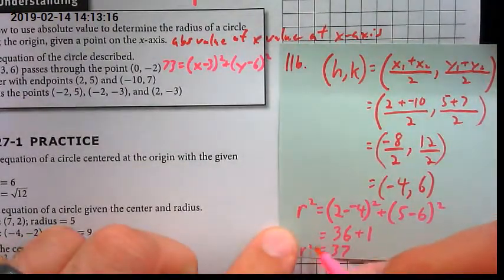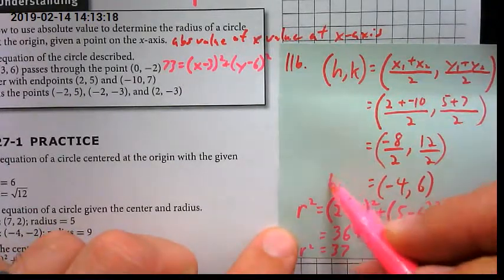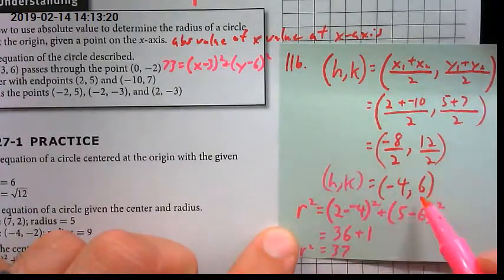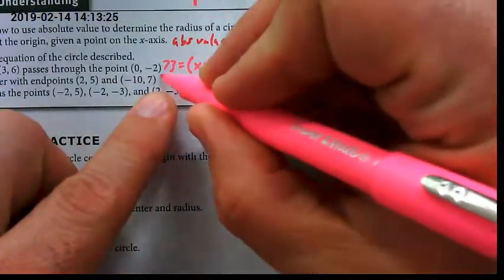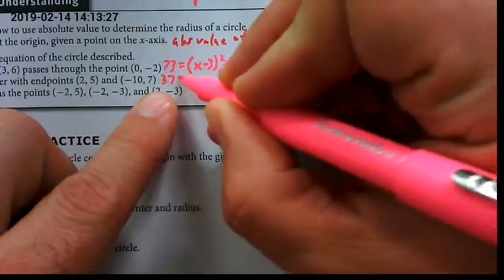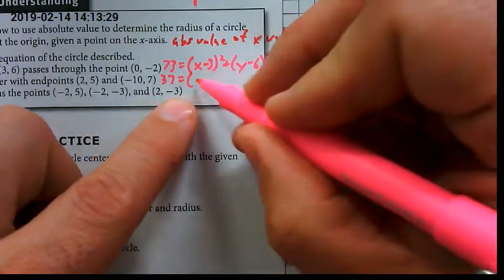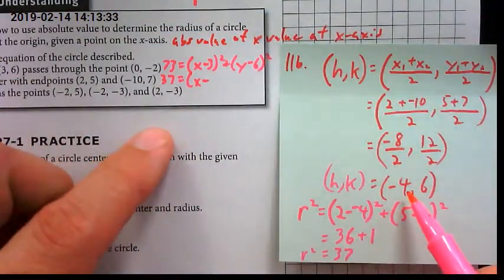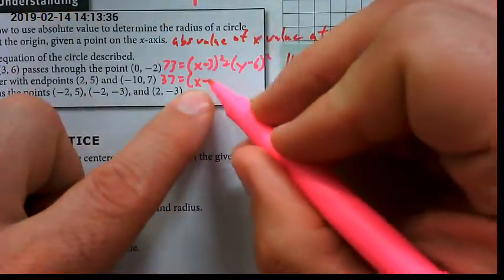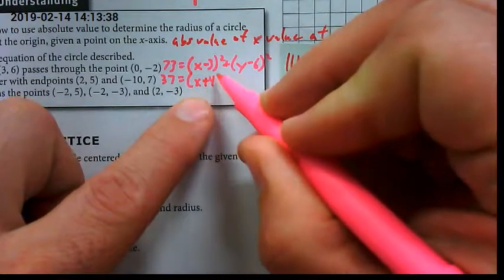This is r squared. We know what our h and k value is. Those are the 2 things we need. We just have to plug it into our formula. 37 is equal to x minus, well now, if I plug in negative 4, that actually makes this plus 4.